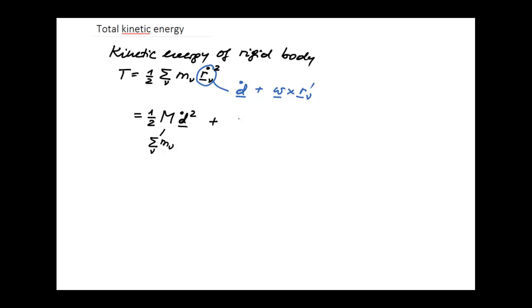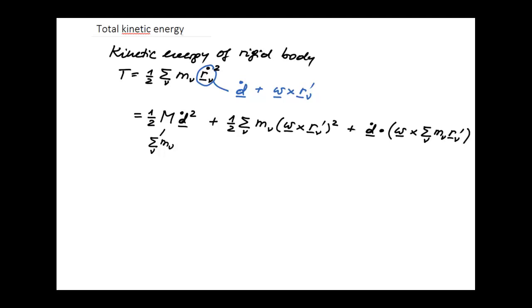Then we have a contribution 1/2 sum over nu m nu, and then we have omega vector product with r nu prime squared. And then we have a mixed term that has the form d dot scalar product with omega cross, and then if I take the sum inside the bracket, sum over nu m nu r nu prime.